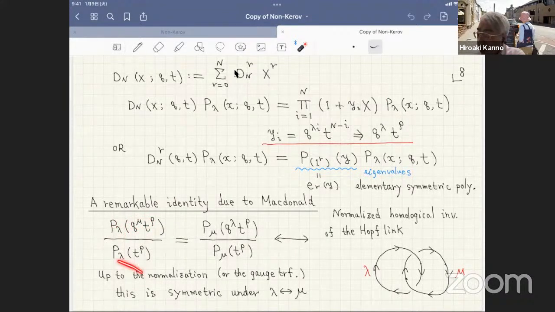Actually, this quantity represents some homological invariant of the Hopf link. So from that point of view, the symmetry in lambda and mu is quite natural. Of course, Macdonald derived this identity not considering this link invariant, but actually this identity is related to this homological invariant of the Hopf link.